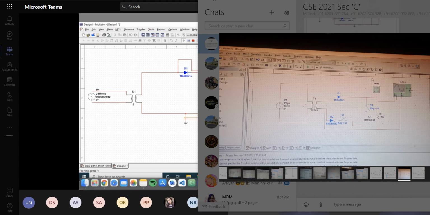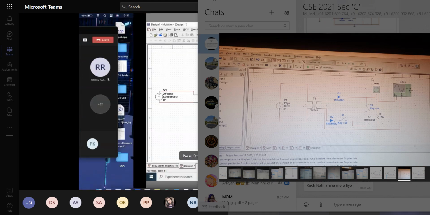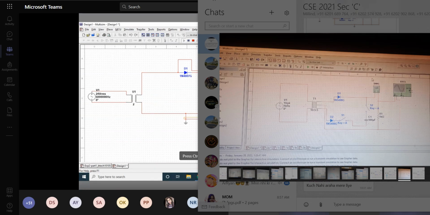And I'm seeing it not only on this screen but on a mobile phone also. In fact, it's quite clear. If other students are also watching this, it's very fast.